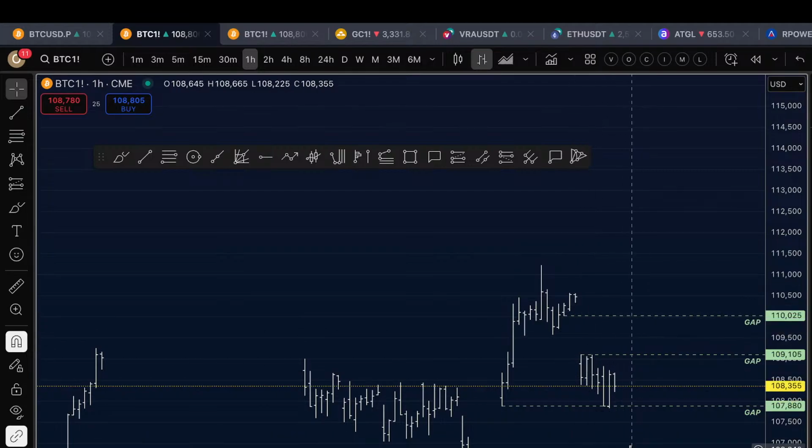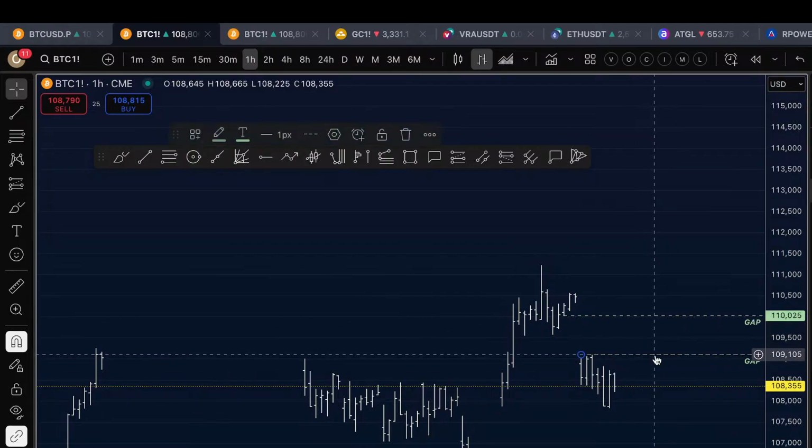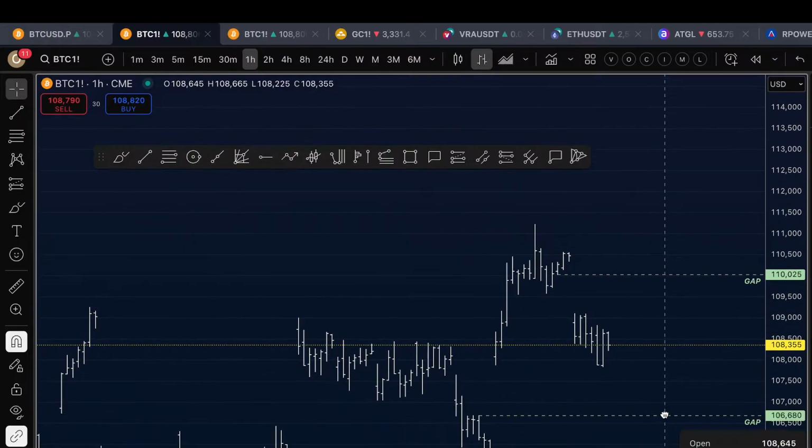Firstly, that okay. I think I just want to see. I'll remove the gaps that are on this side, because I just don't want the touch of the gap. I want the filling of the gap. This one I will keep.